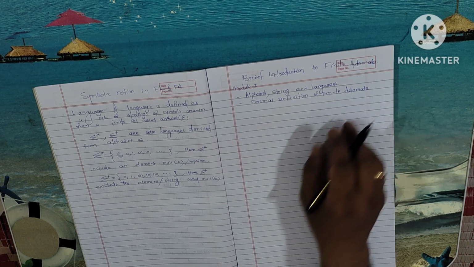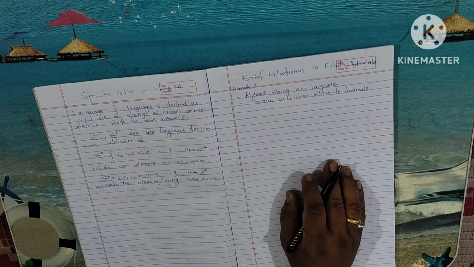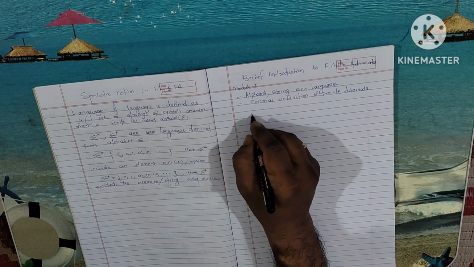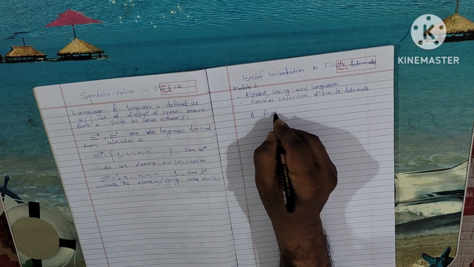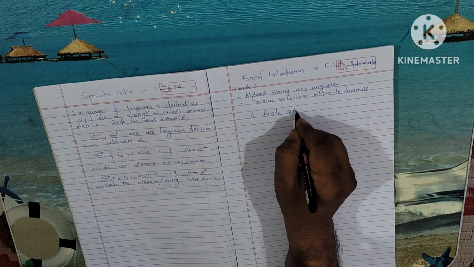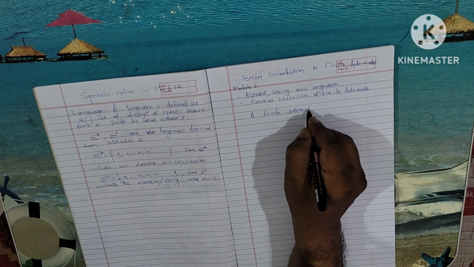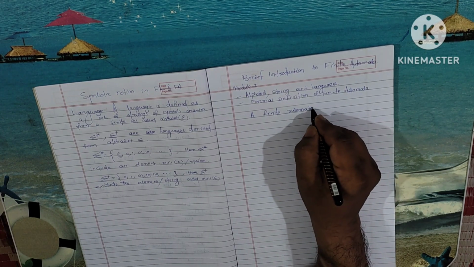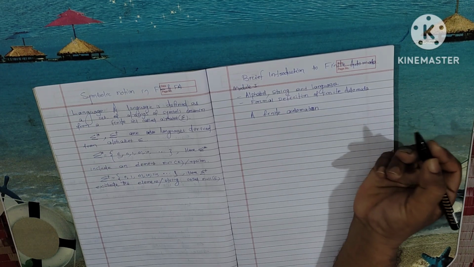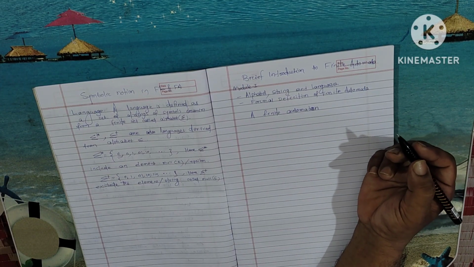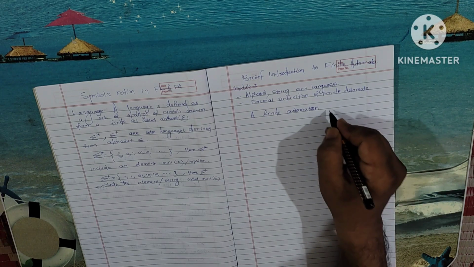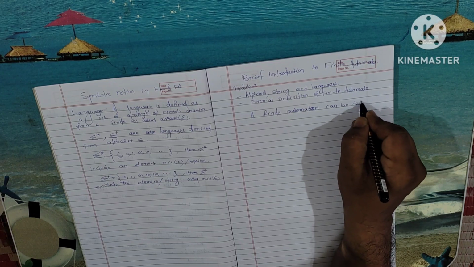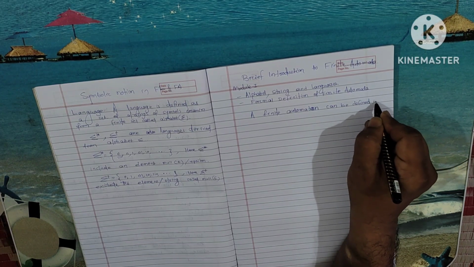A finite automaton, we can say better because we are defining a single machine, can be defined in 5-tuple.